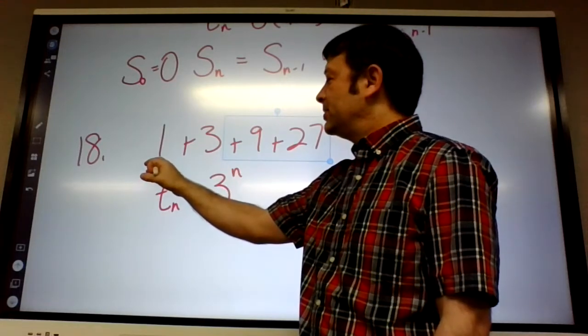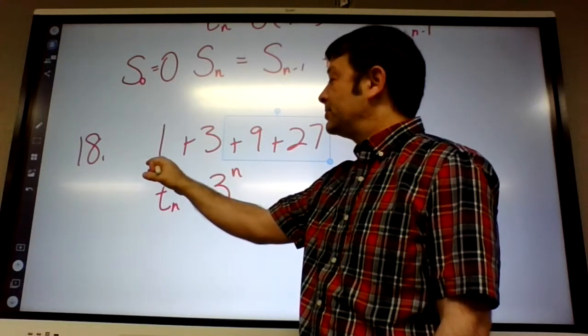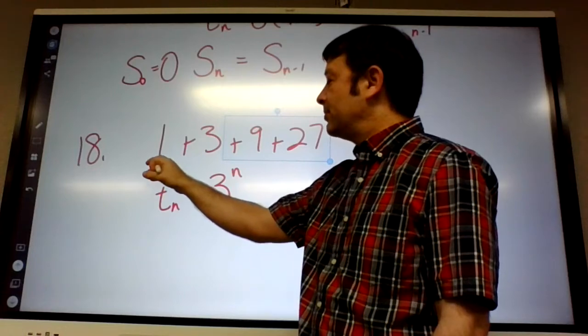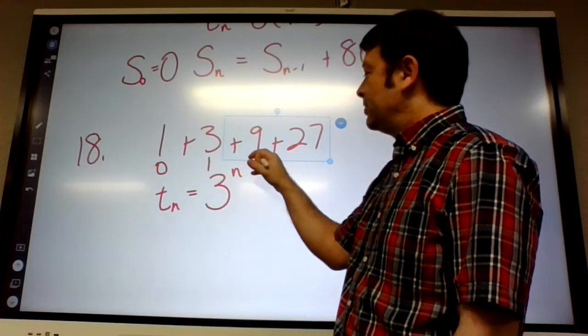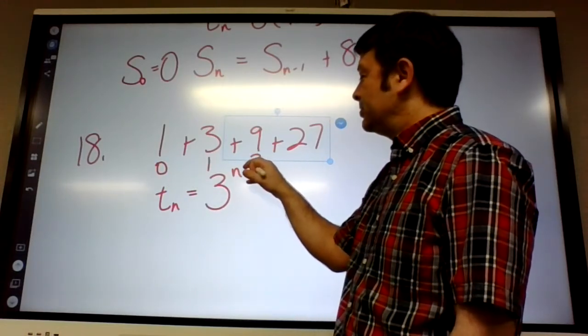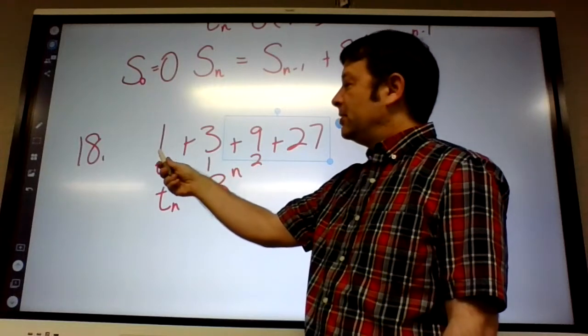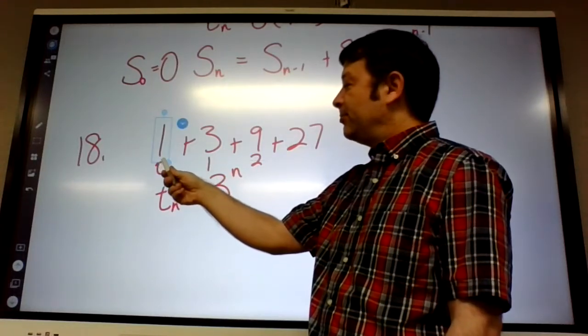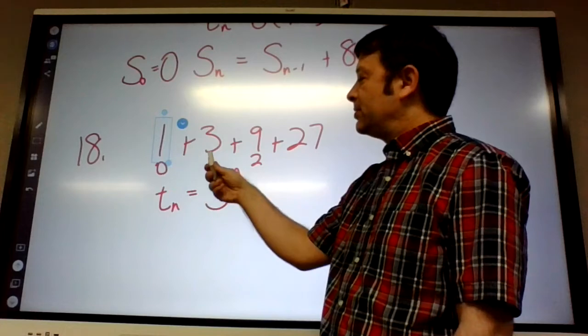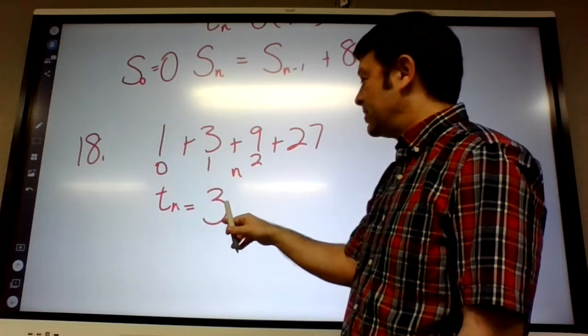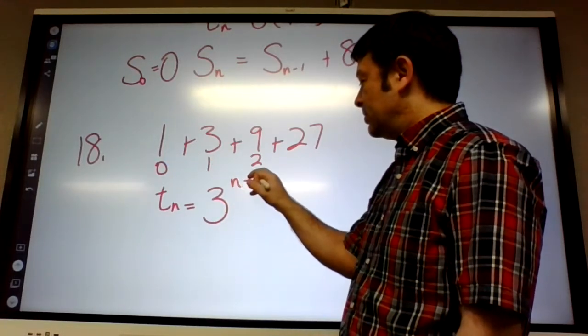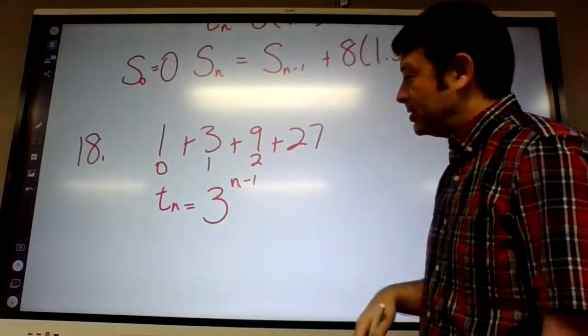Right. So for the first term, I need the power to be 0. The second term, I need the power to be 1. The third term, I need the power to be 2. But on the first term, n is worth 1. On the second term, n is worth 2. So I need to use that trick from last time where I just put n minus 1.